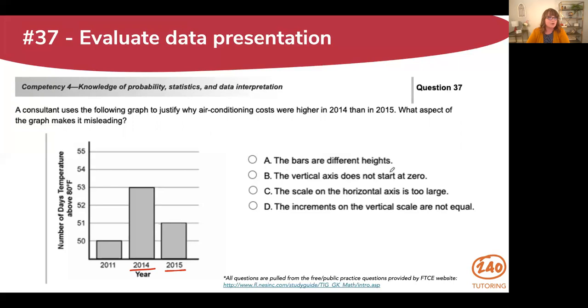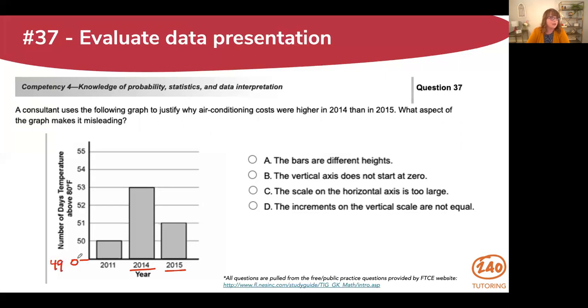B, the vertical axis does not start at 0. Now, something you should know, and I'm going to give away the answer here, is when we're looking at graphs, we want, as much as possible, to show the baseline of 0. So we would want this bottom line to be 0. But actually, if you look at this scale, this bottom line would be 49.